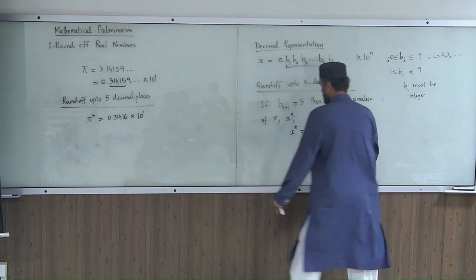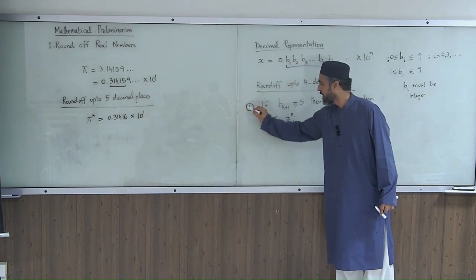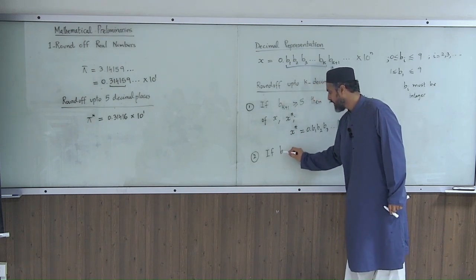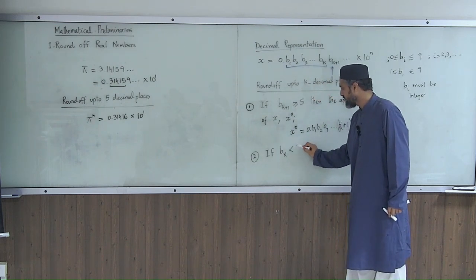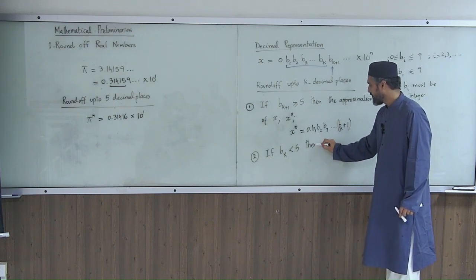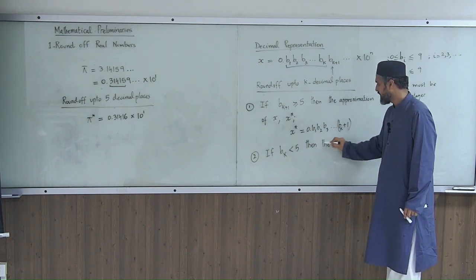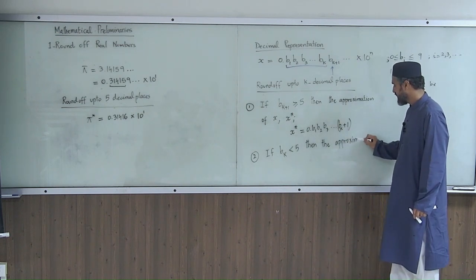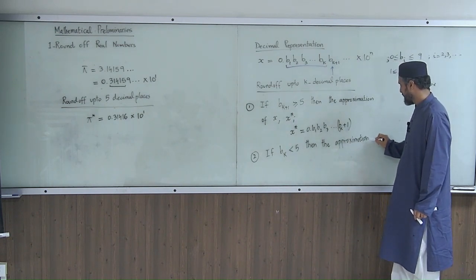And if, for example, this b(k+1) is less than 5, then we will not make an increment at the kth position. Then the number will be the same up to the kth position.